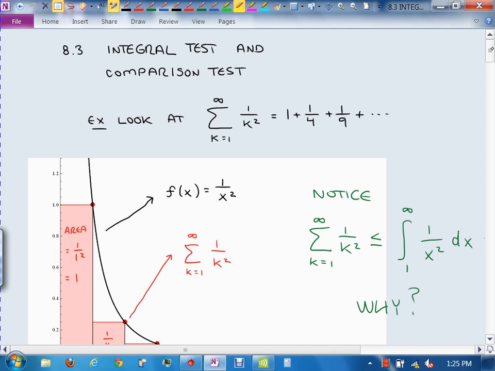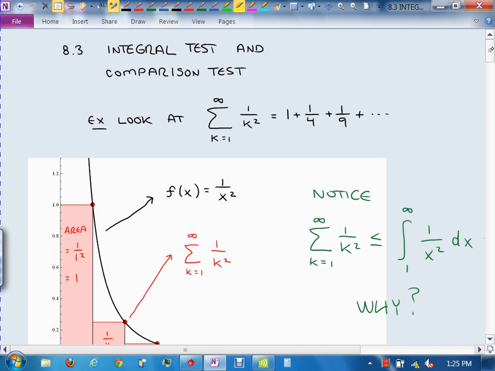What were they? Harmonic, telescopic, geometric, right? And for each of those, we were able to determine an answer. Like geometric, if it converged, it was A over 1 minus R. If it diverged, it diverged. Harmonic always diverges. And then telescopic, we would have to do the computation, get everything in the middle to cancel, and then we get an answer.